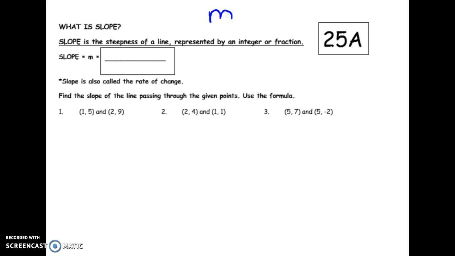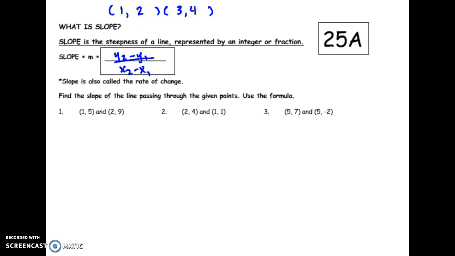The formula for calculating the slope is y2 minus y1 divided by x2 minus x1. Now what I mean by that is if I have two ordered pairs, say I have (1, 2) and (3, 4).